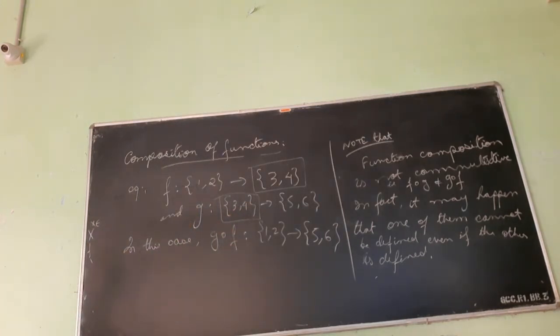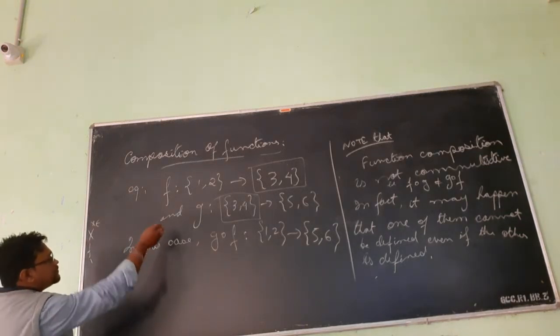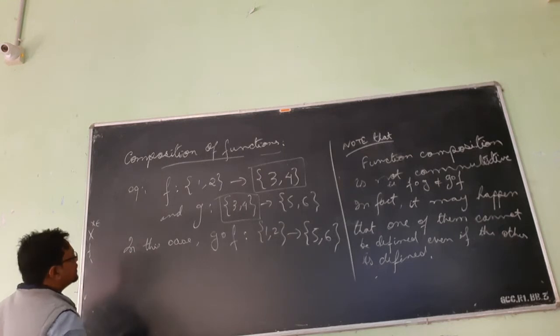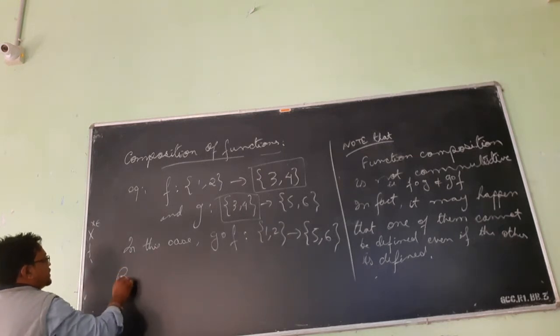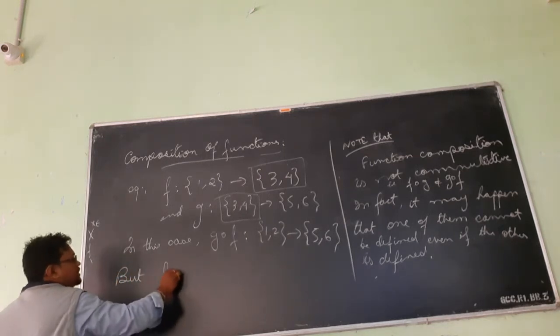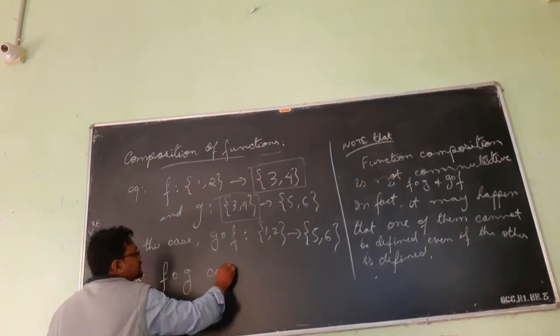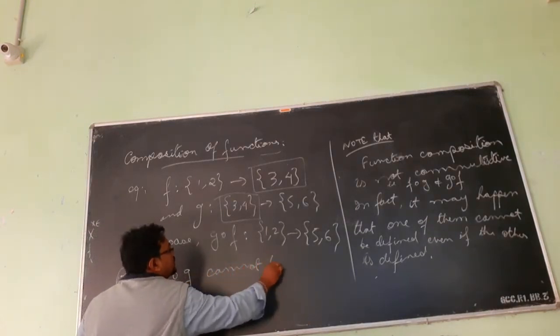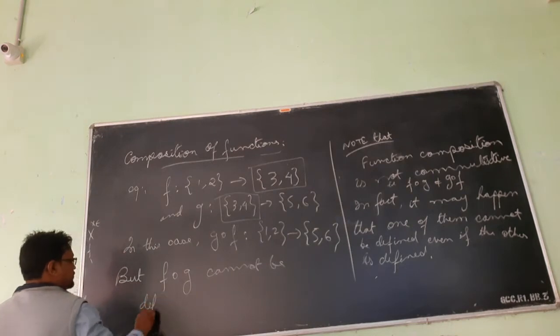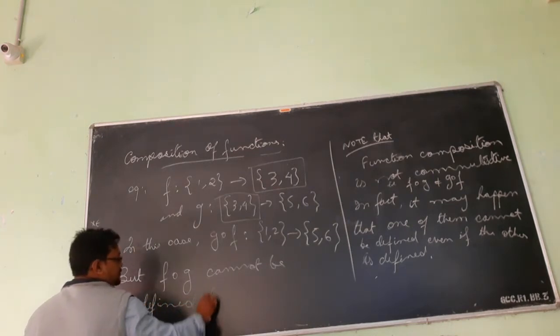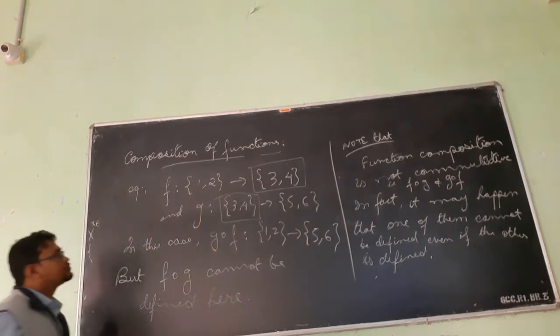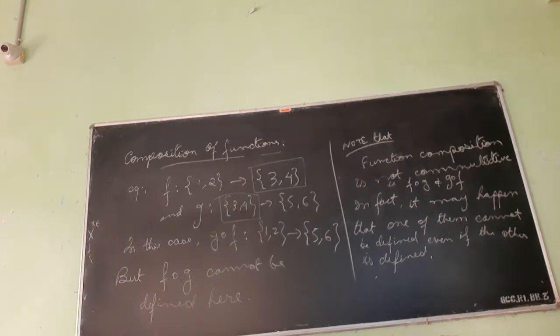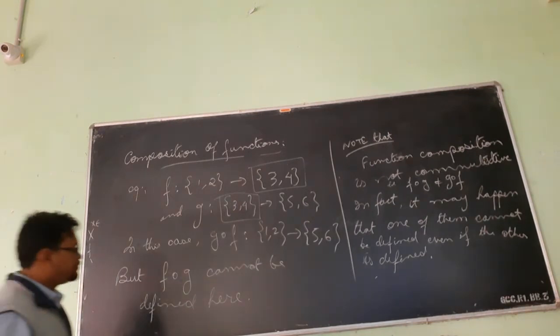So GOF is a function from {1, 2} to {5, 6}, but FOG cannot be defined here.